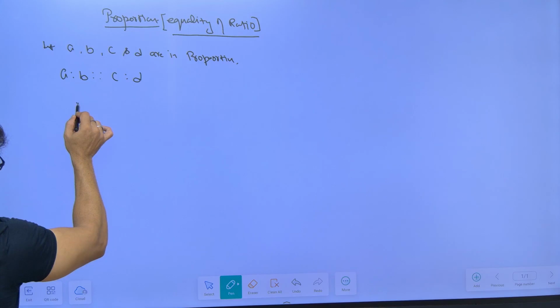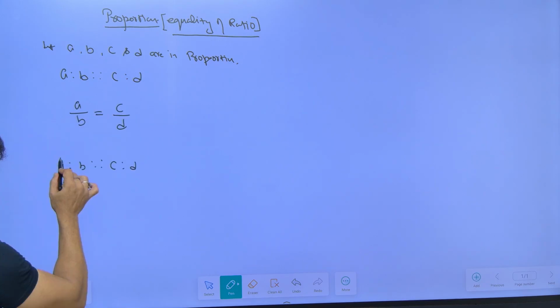So when you write A is to B as C is to D, and A by B is equal to C by D, both have the same meaning. A by B is written by removing the 'is to' sign, the proportion sign, and putting equal to C by D. So when we write A is to B in proportion with C is to D, A and D are called extreme values.